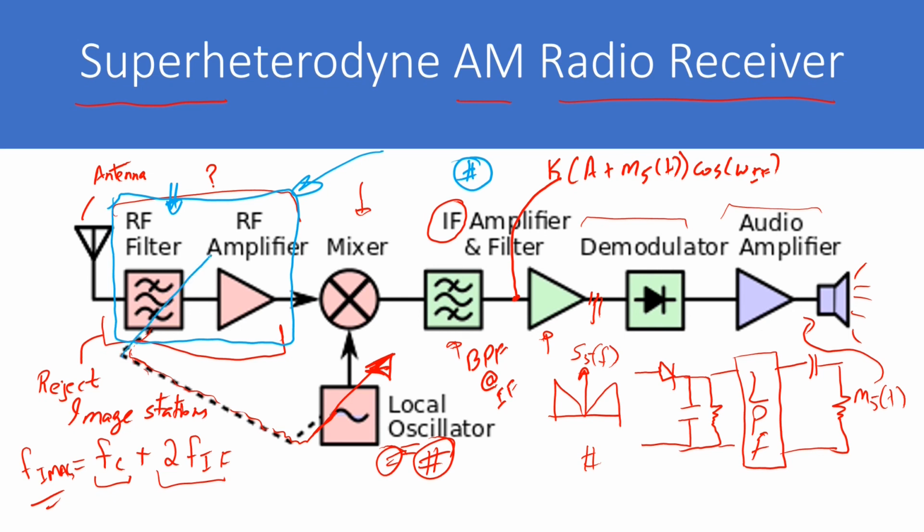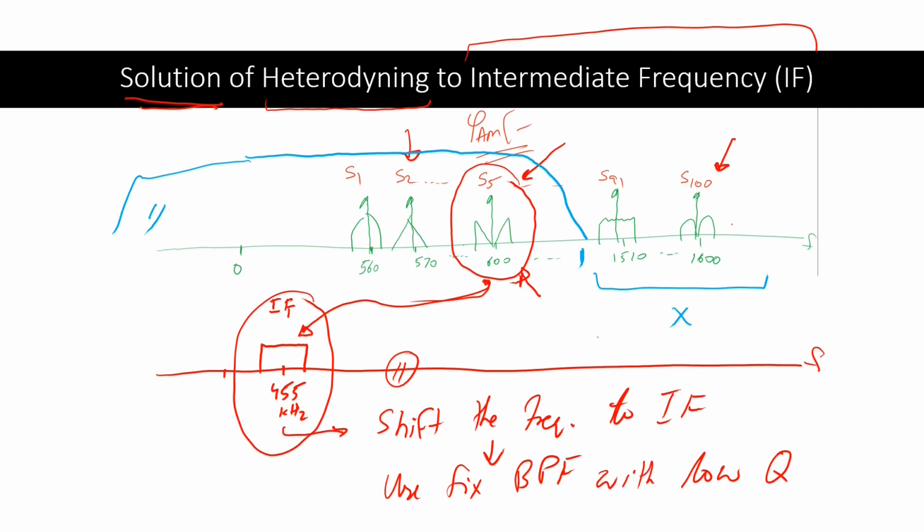Also note that this is basically ganged up with the local oscillator. That is, whenever you rotate the knob of a receiver to tune into a particular frequency, you're basically not only changing the carrier frequency but also using a tunable band pass filter, which is over here.